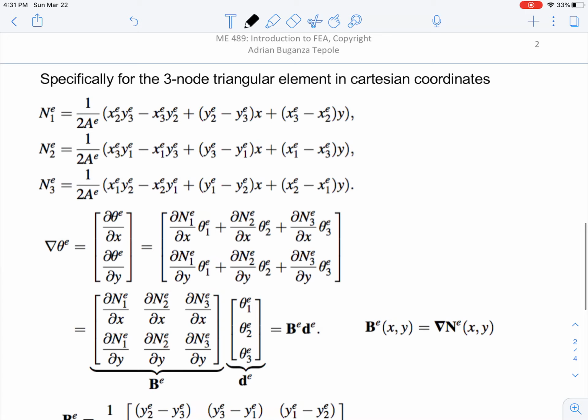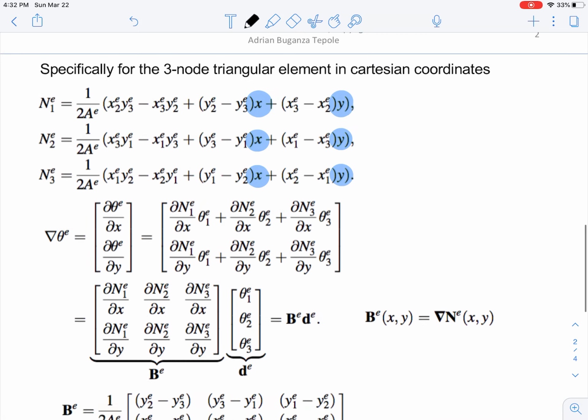So for the 3-node triangular element, we can define the shape functions either in terms of the xi-eta space or in terms of the xy space. So for this particular example that I'm gonna do, because it's convenient, we can have the shape functions directly in terms of x and y, as you can see here. So these are functions of x and y. So we don't need the isoparametric map. The gradient of a shape function can be calculated directly.